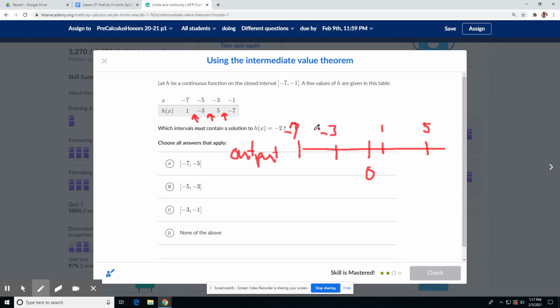And where's -2 at? It's right here. So notice it's in between each one of these, and you can look at it in terms of the outputs. But it's in all of these, so you look at it with respect to the inputs. So in between -7 and -5, -5 and -3, there's one, -3 and -1, there's one also.